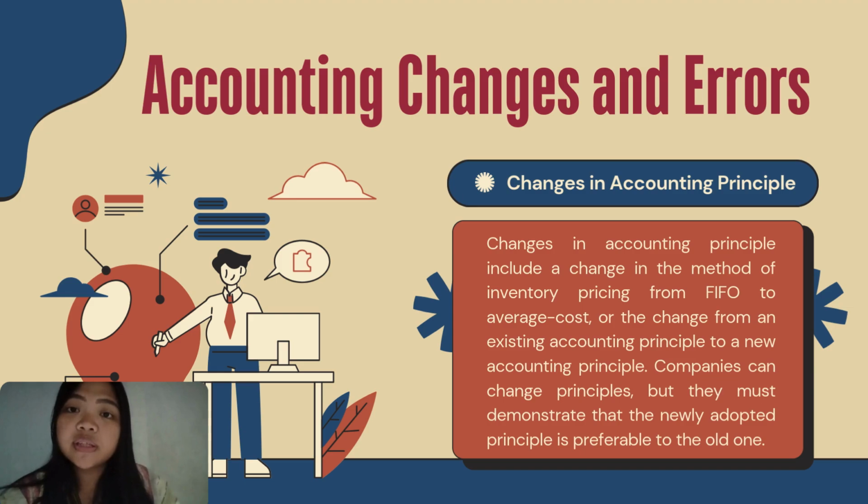Such a change results in loss of consistency from period to period. A company recognizes a change in accounting principle by making a retrospective adjustment to the financial statements. Such an adjustment recasts the prior years' statements so that they are consistent with the newly adopted principle.